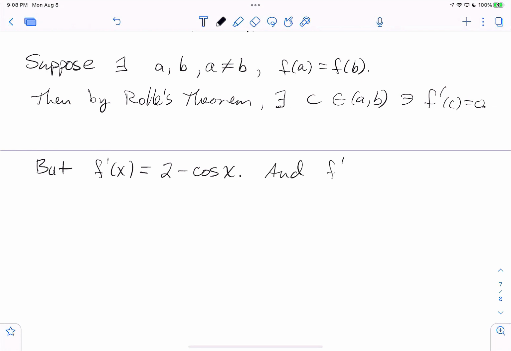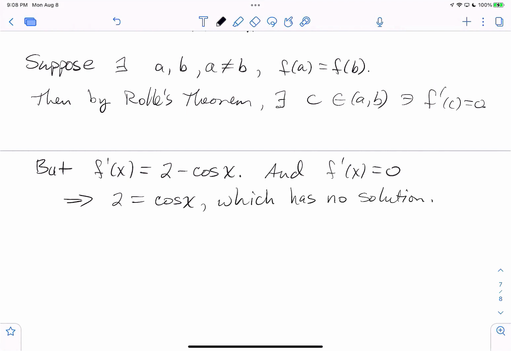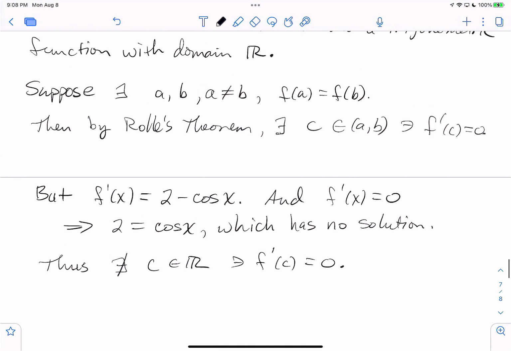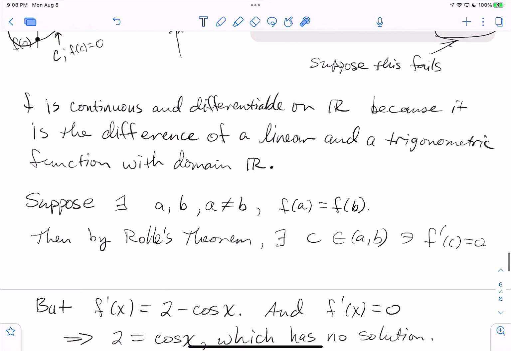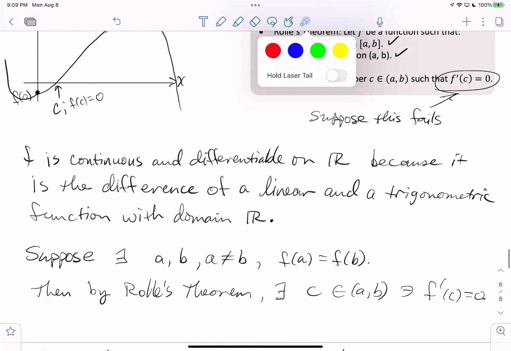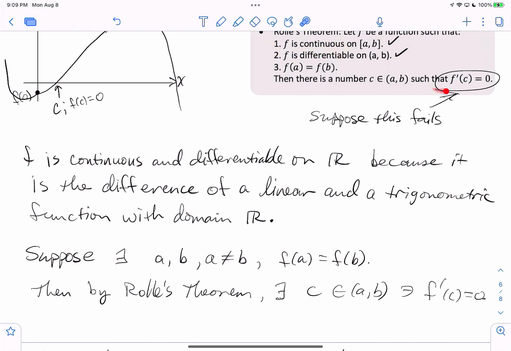And f prime of x equal to 0 would imply that 2 is equal to the cosine of x, which has no solution. Thus, there does not exist a c in the entire real numbers such that f prime of c is equal to 0, which means, because we already know f is continuous and differentiable, the conclusion failed.